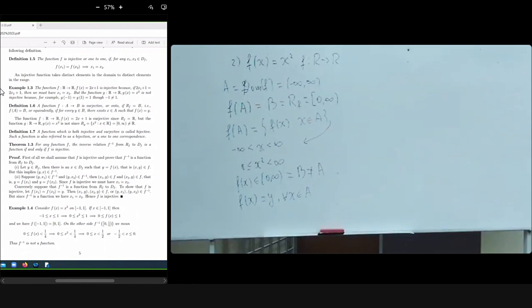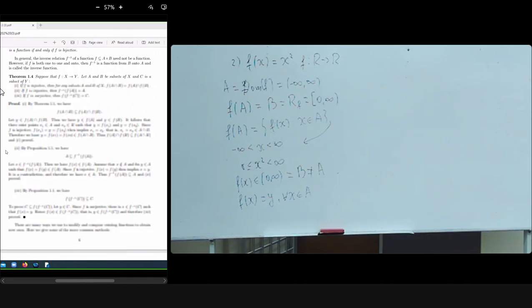So okay, next, this one is for the preparation of the exam as well, and the proper understanding of injectivity and surjectivity.